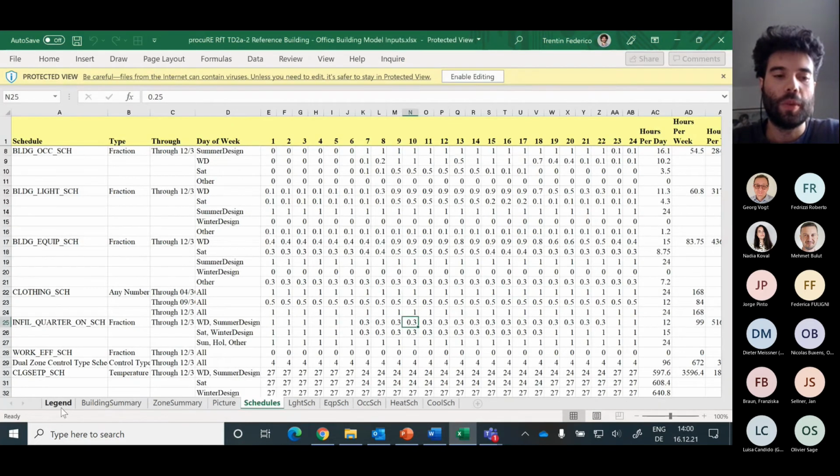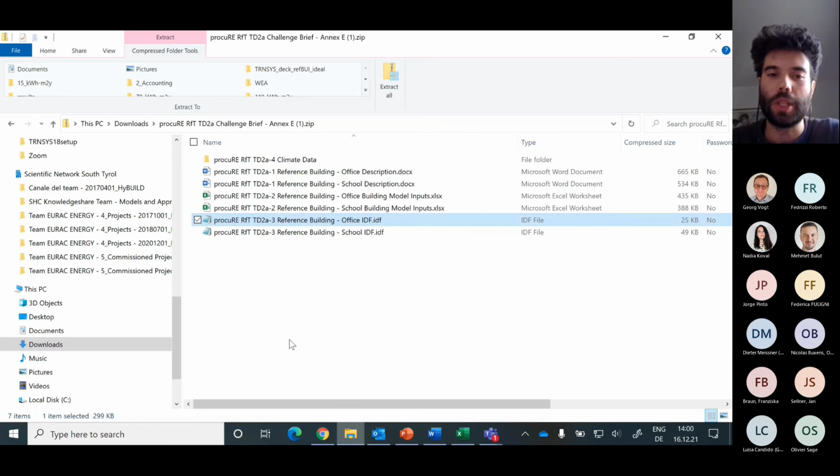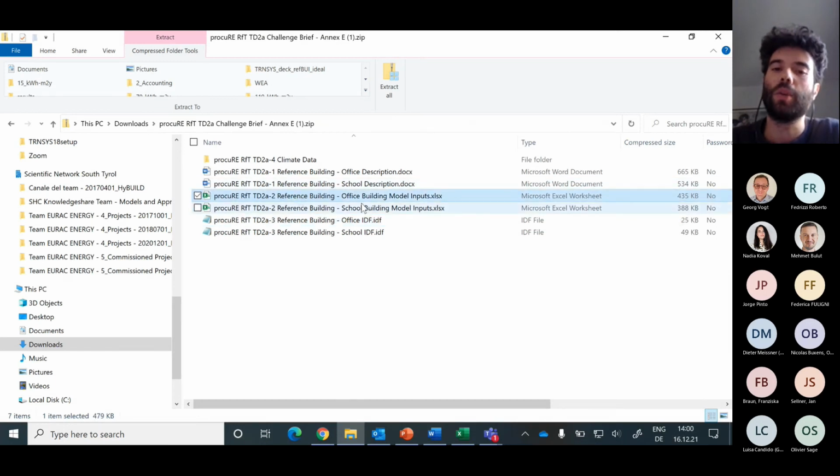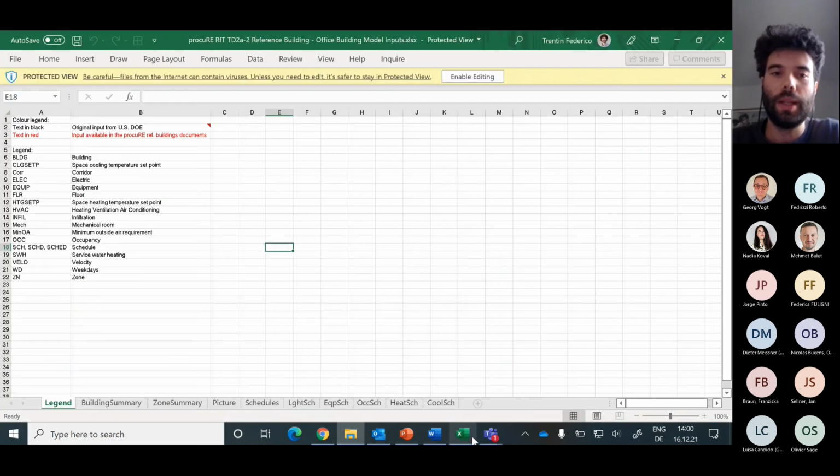I will move fast to the Excel, basically this second file containing the building model input that you will find in the available material. The Excel is basically composed of different sheets.